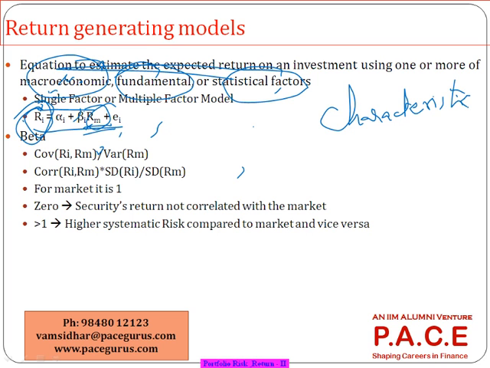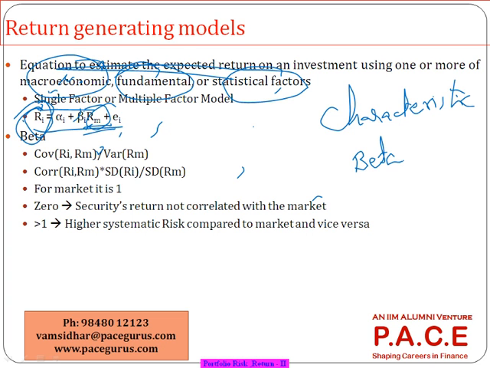The slope of this line is what is called beta. So the slope of the characteristic line is beta. The slope of the CML is the Sharpe ratio, right?